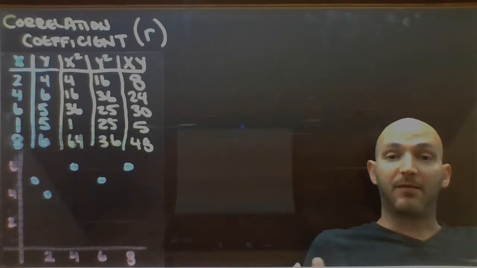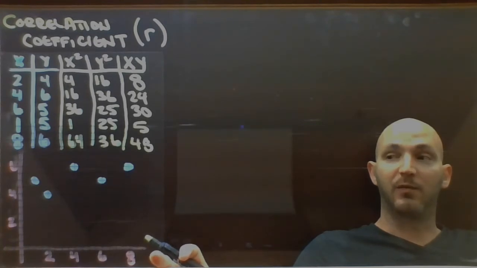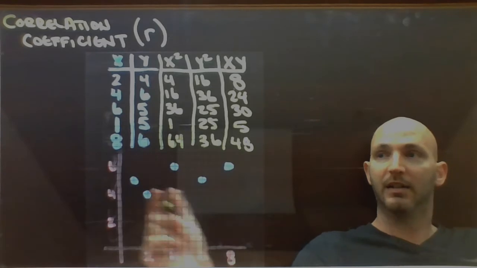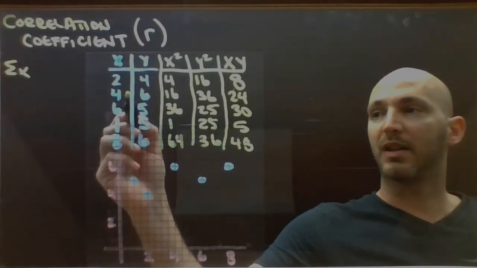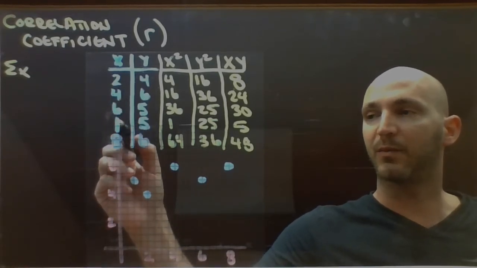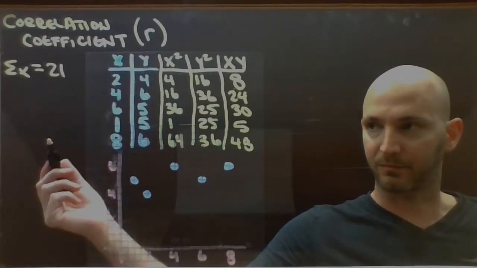So now that I have those done, what I'm really after is the summations of each column. So through the magic of low technology, just slide that over here, the sum of my x values, 2 plus 4 is 6, plus 6 is 12, plus 1 is 13, plus 8 is 21.